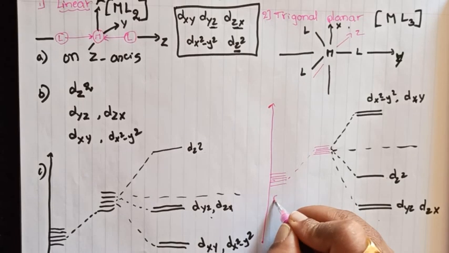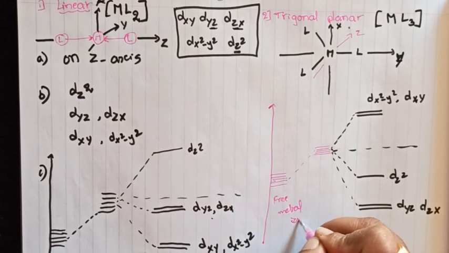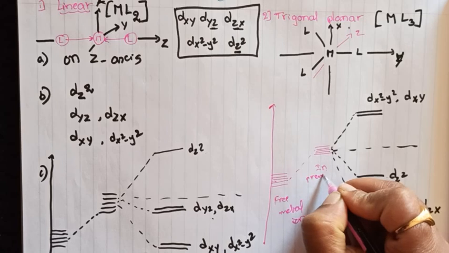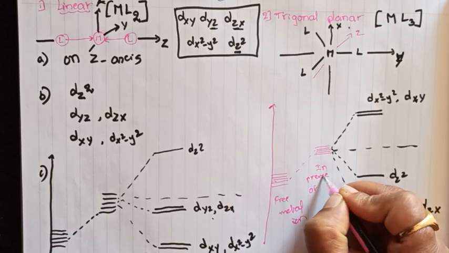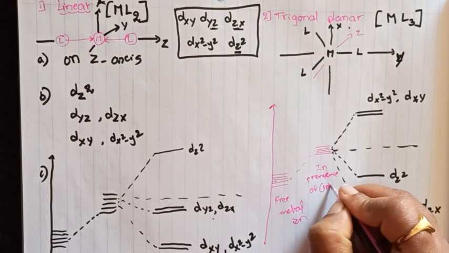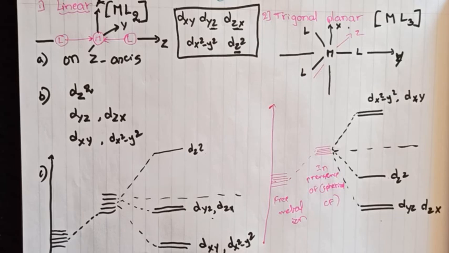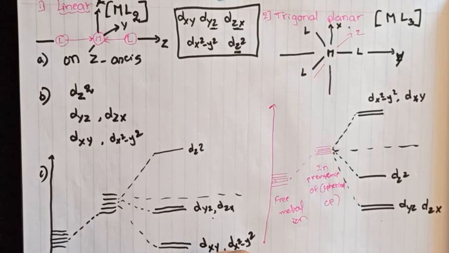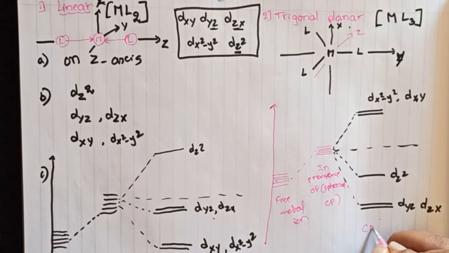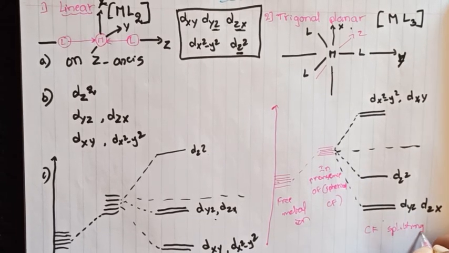This is the free metal ion in the presence of a spherical crystal field. This is crystal field splitting, and this is called crystal field splitting of d orbitals in trigonal planar geometry.